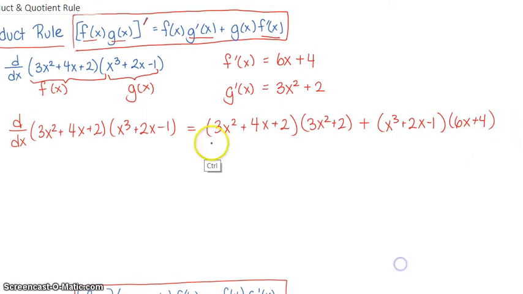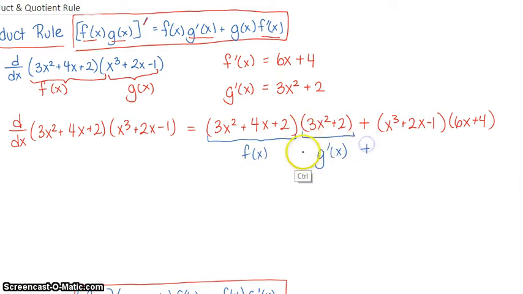So we can see here, this is our f of x times this, which is our derivative of g of x, and we add it to our g of x multiplied by the derivative of f of x.